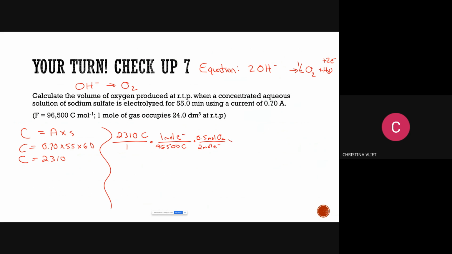Moles of O2. If we made a mistake, we made it right there, because it comes from the electrons versus the amount of O2. That stoichiometry was the issue. And then 1 mole of O2 is 24 dm cubed. So if you did all of this correct, you ended up with 0.144 dm cubed.